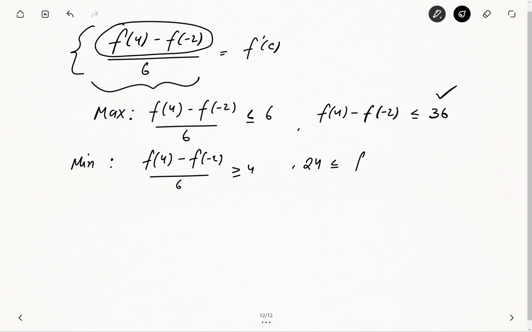The number f(4) - f(-2) will always have to be greater than or equal to 24. So we figured out the bottom bound. The answer to this whole problem will just be 24 less than or equal to f(4) - f(-2), less than or equal to 36.